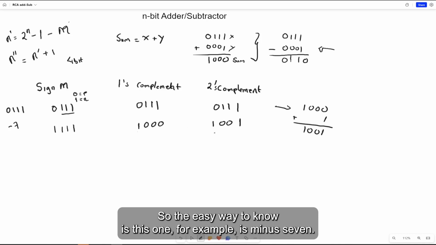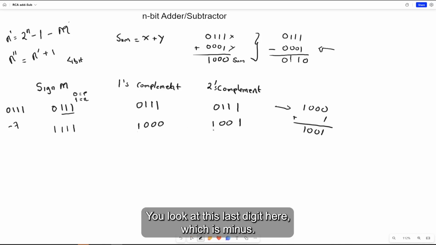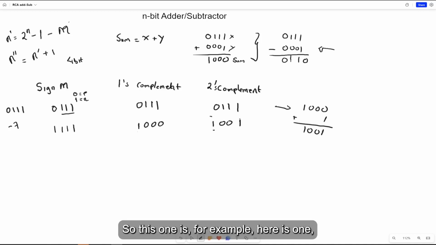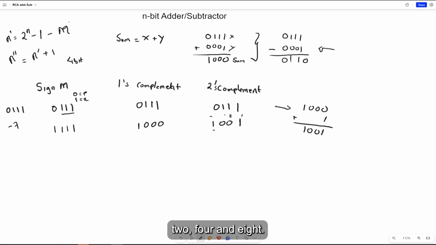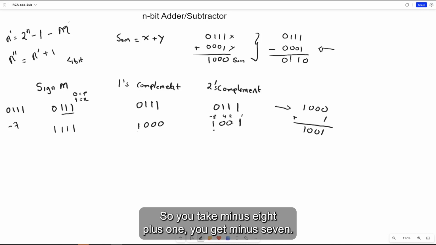The easy way to know that this is minus 7 is to look at the last digit, which carries negative weight: the weights are 1, 2, 4 and 8. So you take minus 8 plus 1, and you get minus 7.